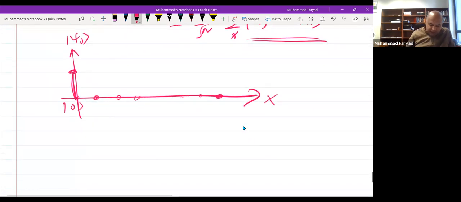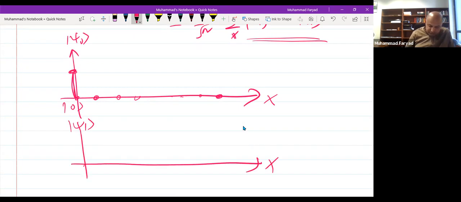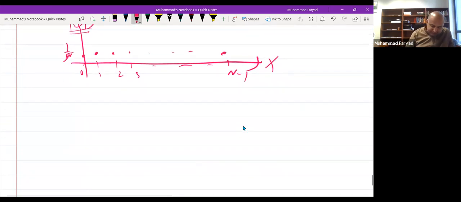But psi 1, after passing through Hadamard transform, became 0, 1, 2, 3, all the way to n minus 1. All inputs are now present with a small amplitude 1 over square root of n. And now once this psi 1 passed through the phase oracle, it became like this.